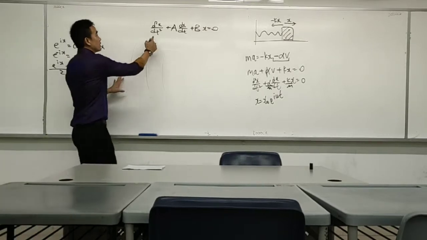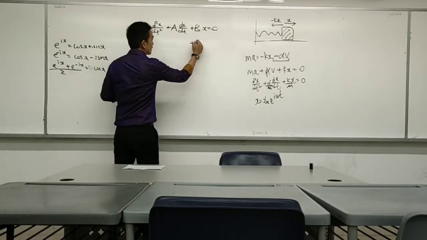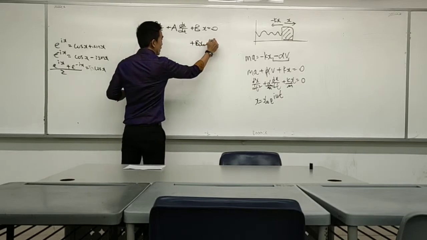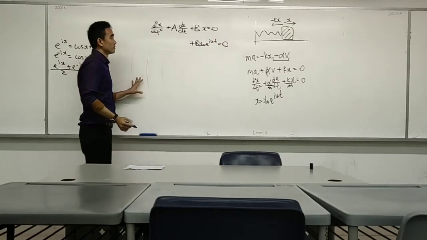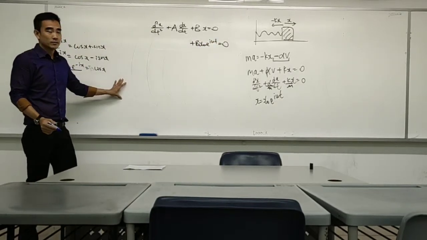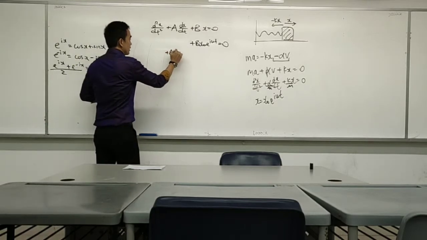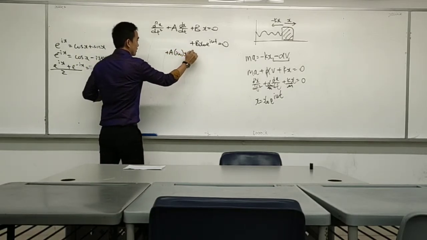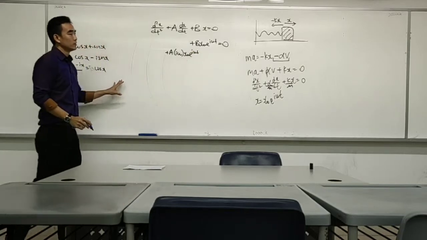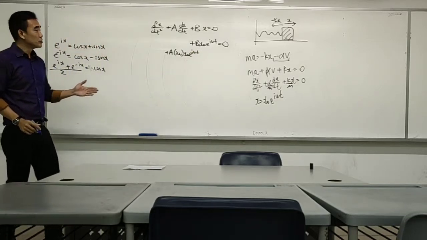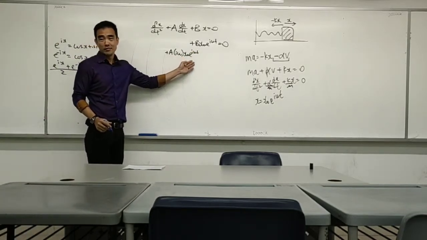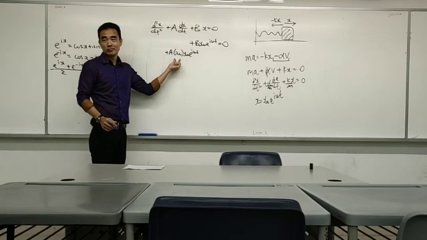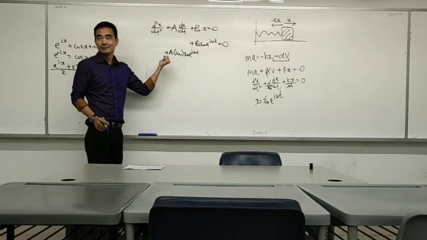Cool. Now, if I differentiate, let's start from this side. Can you see that this is b x naught e to the i omega t? Plus a i omega, still okay? I differentiate the exponential, I bring i omega out.